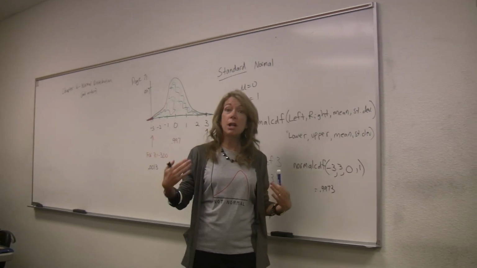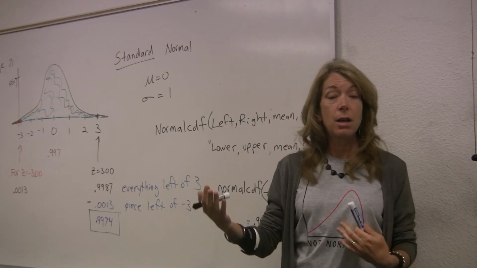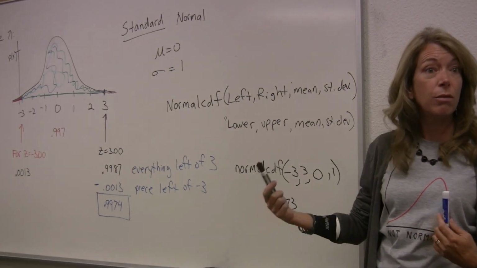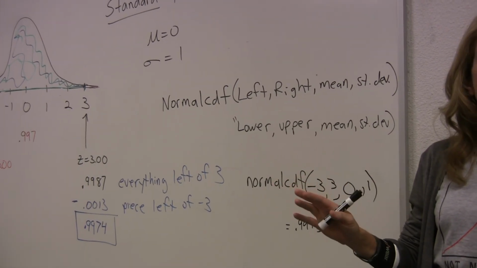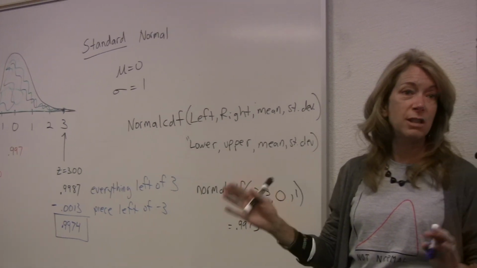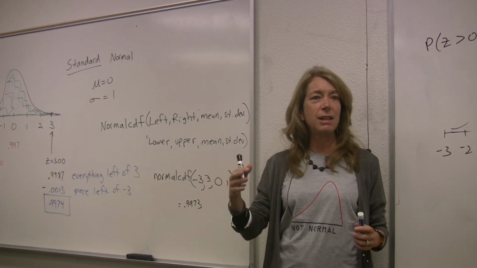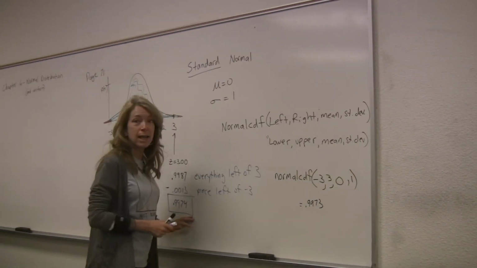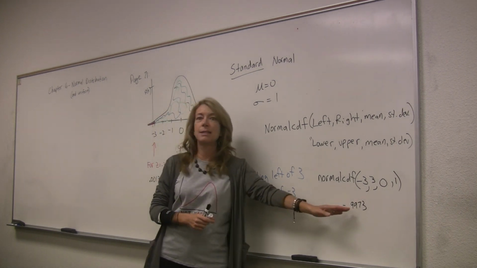But if this problem was on an exam or on MyStatLab, you could type in this one, or you could type in that one, and it will give you the correct answer. It knows that you might get different answers for technology versus not technology. If you're doing problems in the book and looking up answers in the back, it would say something like, the answer is 0.9974, and then in parentheses it would say technology 0.9973.